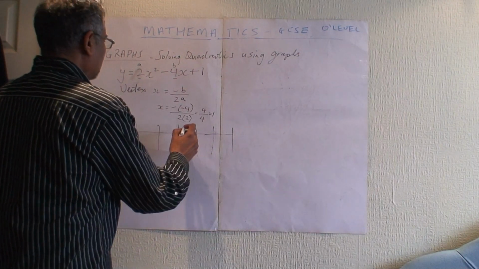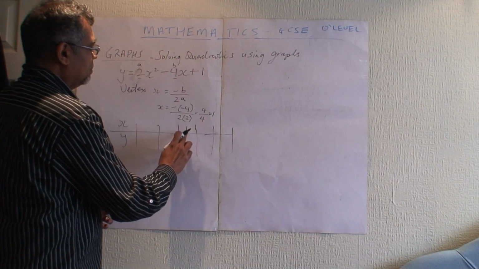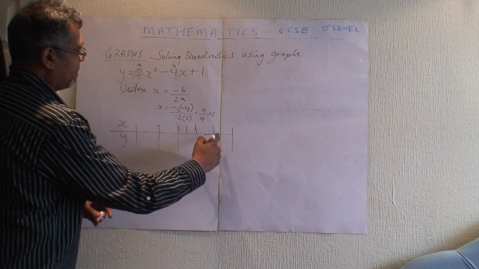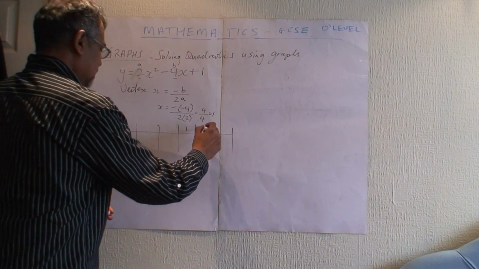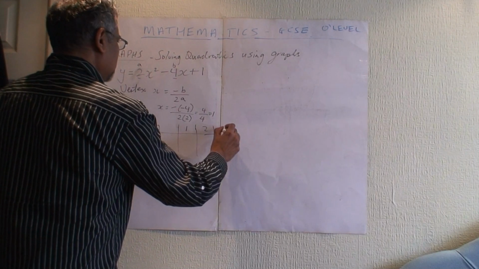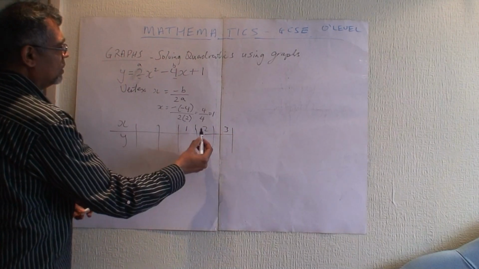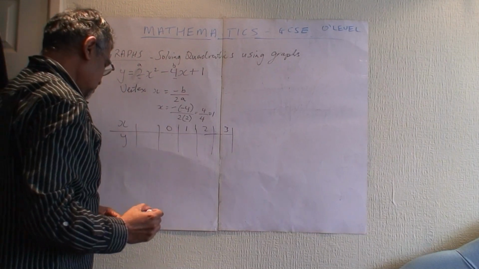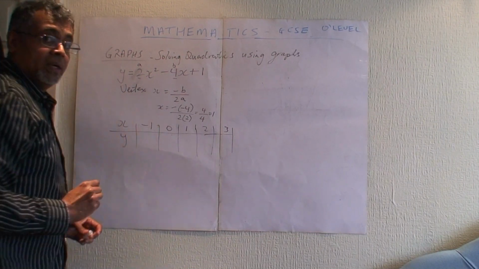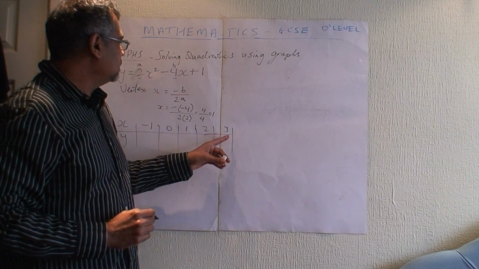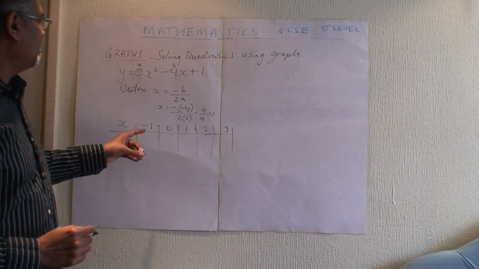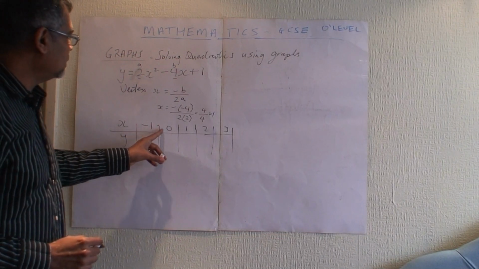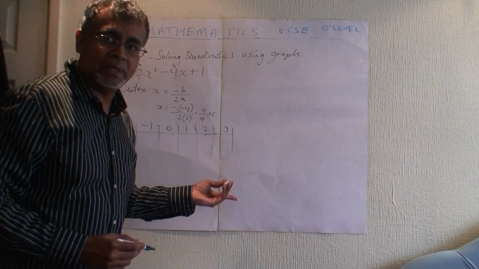We know that x is 1, so we put it in the middle here, and this becomes 2, and then 3. This would be 0, and this would be minus 1. So we want to find the values for y if x is equal to minus 1, 0, 1, 2, and 3.